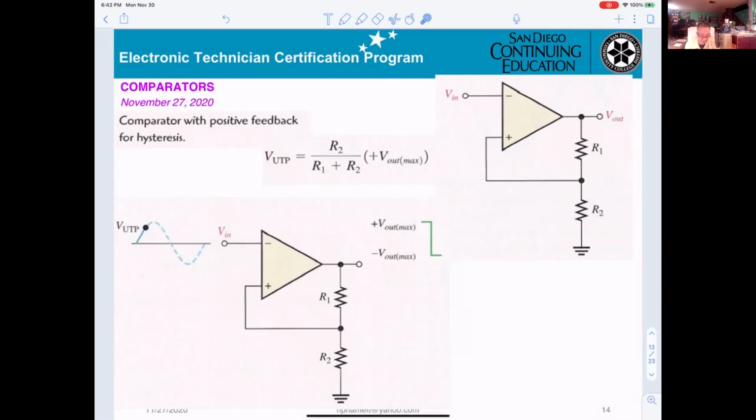So basically they compare with the VUTP, the upper trigger point. And then they will be compared with the lower trigger point.